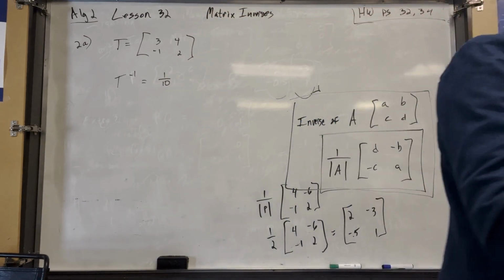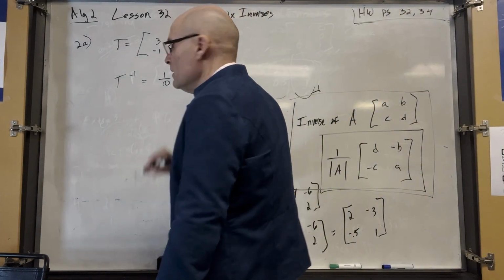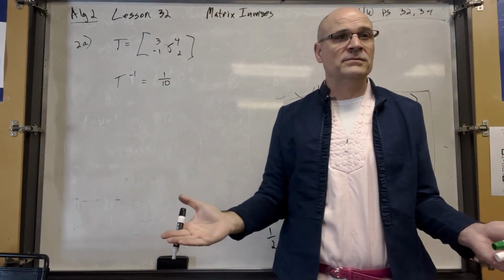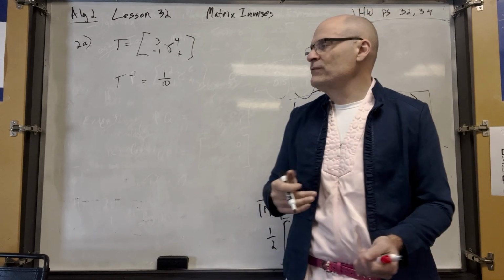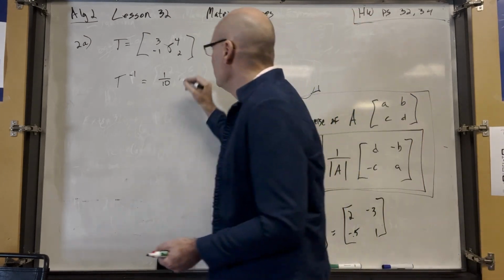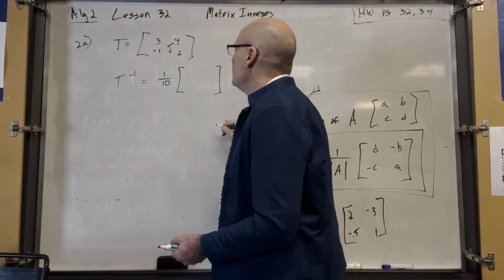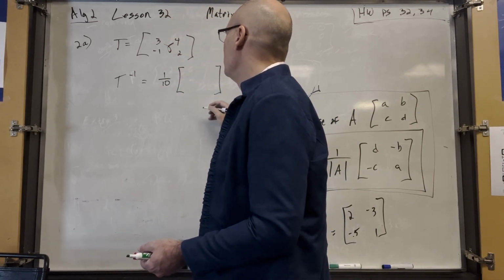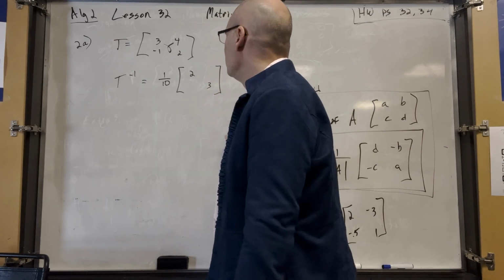So remember, it's 1 over the determinant. Well, the determinant is 6 minus -4, which is positive 10, right? Minus negative is plus positive. So 6 minus -4 is 10, so it's 1 over 10. Now what do you do, Sam? Then you swap the 2 and the 3. Okay, so the 2 goes here and the 3 goes here. What else do you do, Matthew? Negate it.